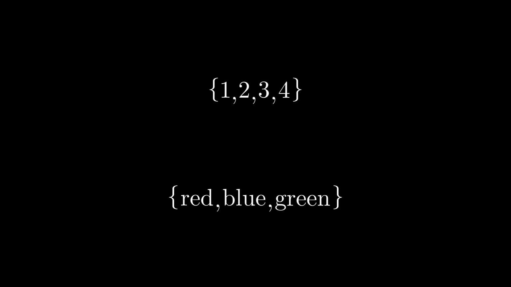Alright, so we want to map each element in the domain to its own unique element in the codomain. So let's map 1 to red, and then we need to map 2 to something else, so let's map it to blue. Now we need to map 3 to something other than red or blue since they're already mapped to, so let's map it to green. But now what do we do with 4?